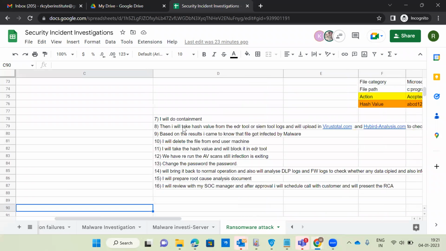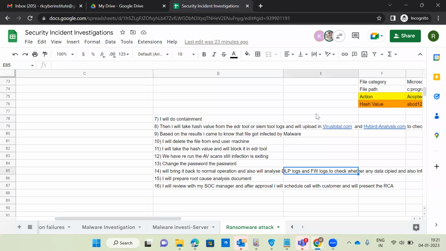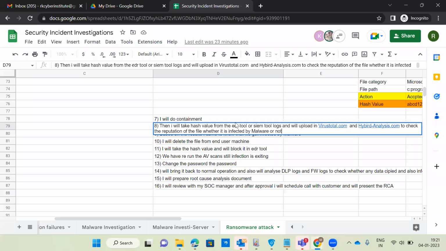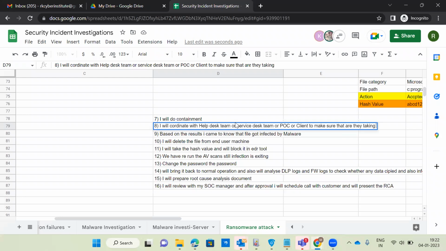Then I will coordinate with the help desk team or service desk team, or POC, point of contact, or client, to make sure whether they are taking regular backups or not.